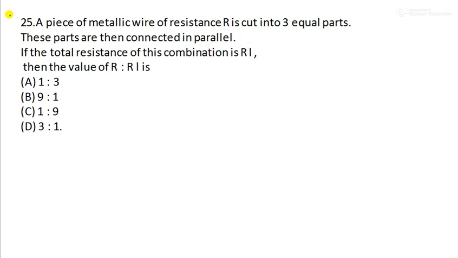So this is our next question. A piece of metallic wire of resistance R is cut into three equal parts. These parts are then connected in parallel. If the total resistance of this combination is R1, then the value of R is to R1 is dash. So there was a wire of resistance R. It is cut into three equal parts.